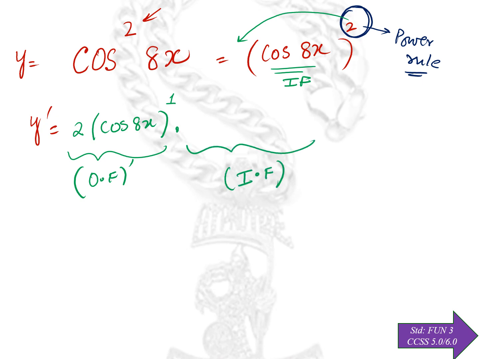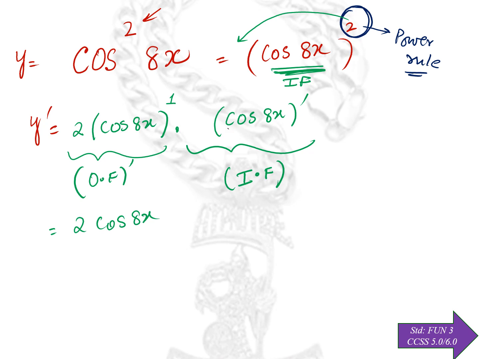So what is the inner function? It's not only 8x. This whole bracket thing is our inner function. So write down cosine 8x with the prime. Okay, the outer function derivative we have already taken, so we will copy it down. Now here again cosine 8x is a composite function.